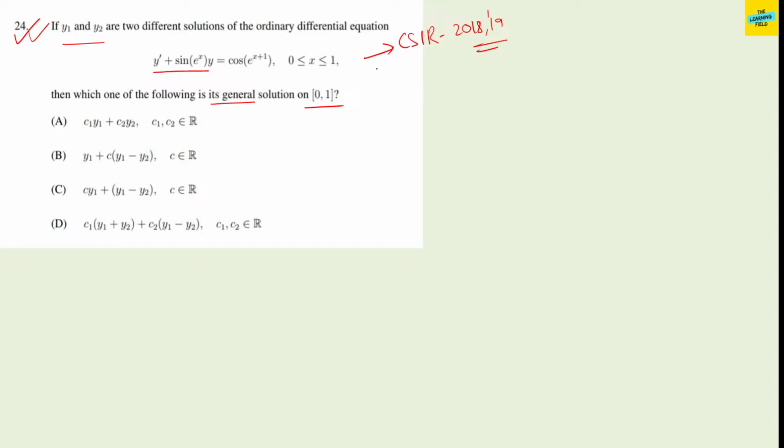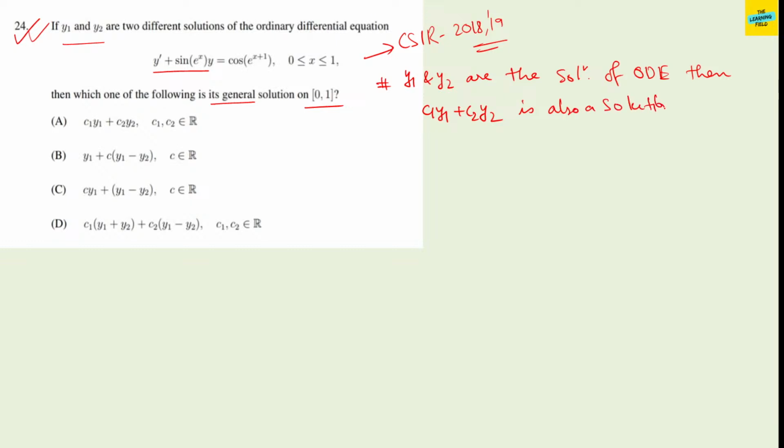We all know that if y1 and y2 are solutions of a given ODE, then c1 y1 plus c2 y2 is also a solution if and only if c1 plus c2 is equal to 1. That is, the coefficients of y1 and y2 add up to 1.